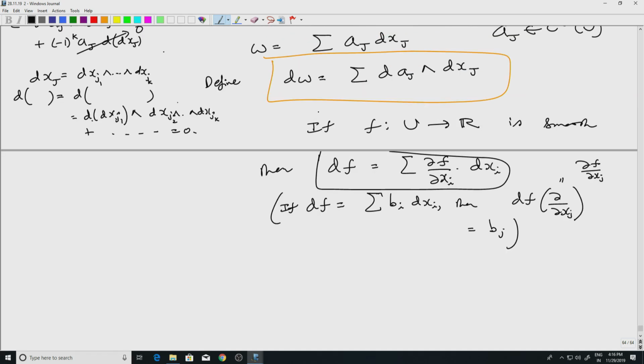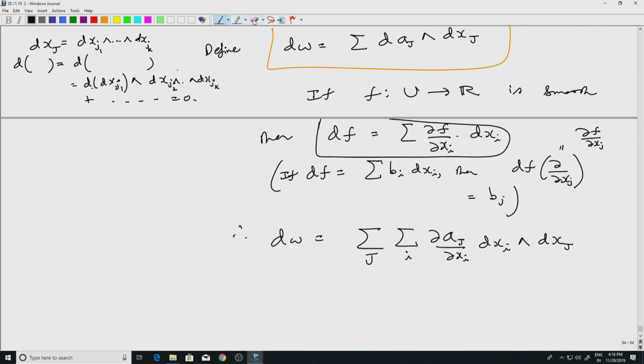So going back to this and plugging in, instead of f, of course here I have aj's. Therefore d omega I can write as the summation over j, summation over i, of del aj by del xi dxi, and then wedge dxj.